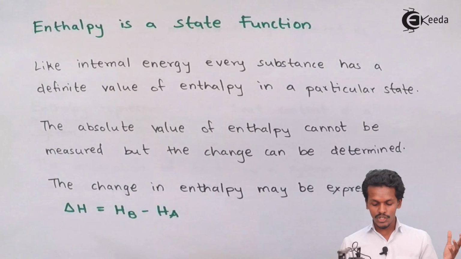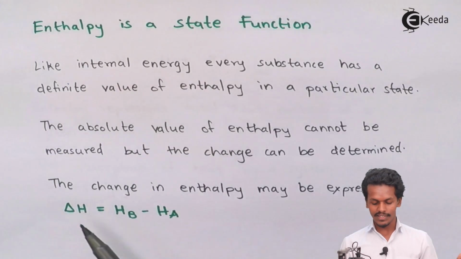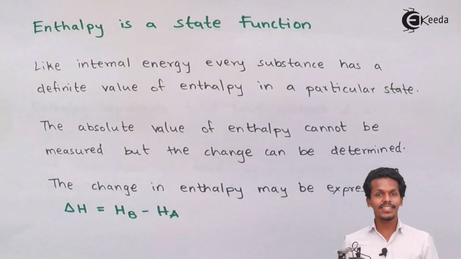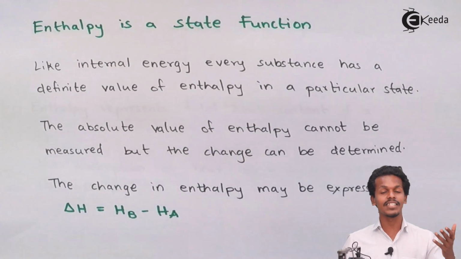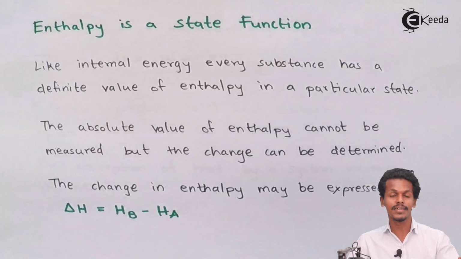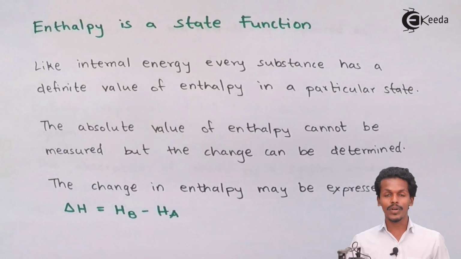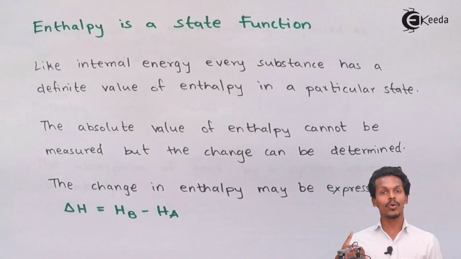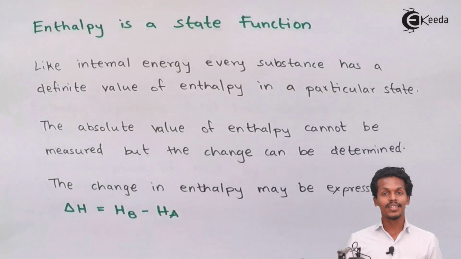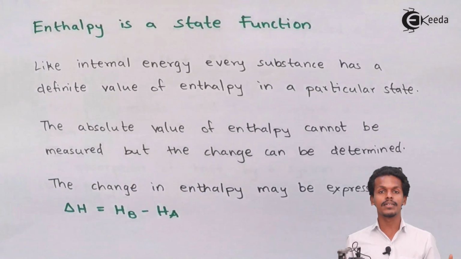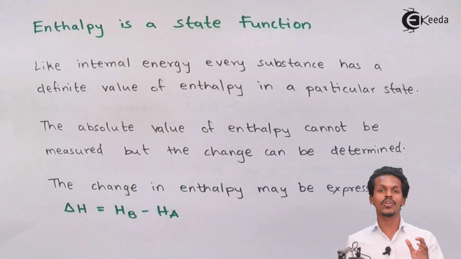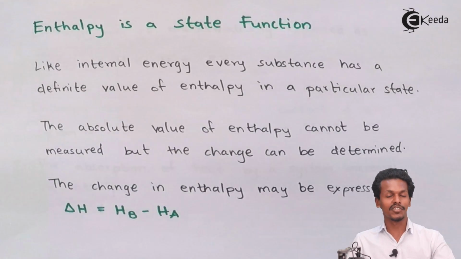The change in the enthalpy may be expressed as delta H is equals to HB minus HA. This HB and this HA are the same as in the example of internal energy, where a system moves from an initial state A to a final state B and again comes back to the same state. Even though they move through different paths, the original existence is because of their final state and initial state.